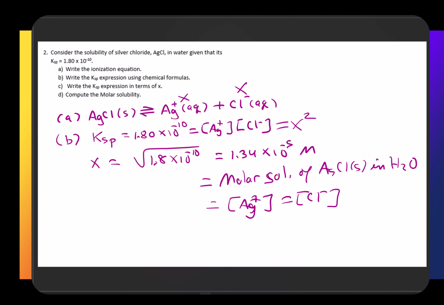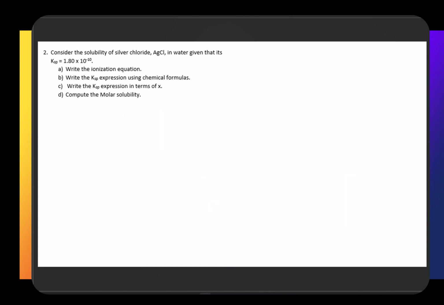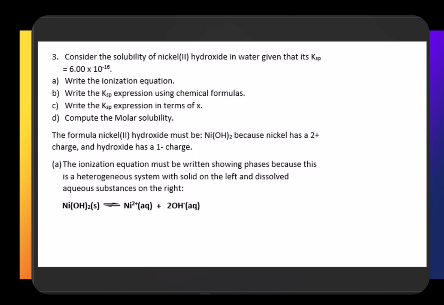In the next example, we're going to change it just a little bit and look at a slightly more complicated salt here, nickel(II) hydroxide. You may remember that for many ionic compounds involving transition metals, because those transition metals can have more than one oxidation state, we designate the oxidation state using Roman numerals. Nickel is one such metal, usually existing as a positive 2 ion.